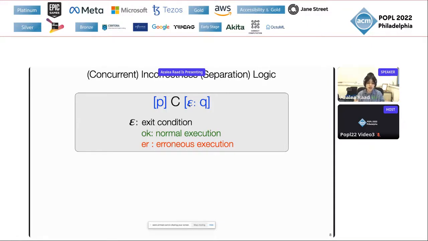So this exit condition tells you how the final states in Q are reached, under normal executions or erroneous executions. For instance, for a simple program of skip, the states are unchanged and it's always reachable under a normal execution. Skip never errors, whereas the explicit error statement always ends up in an error state under the erroneous exit condition. And of course, again, it doesn't change the state.